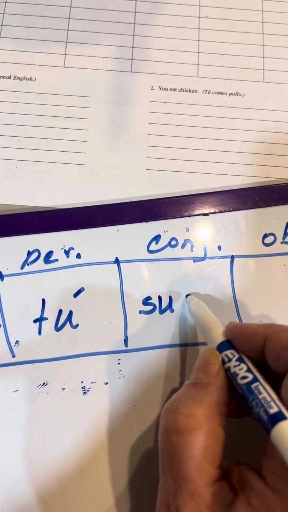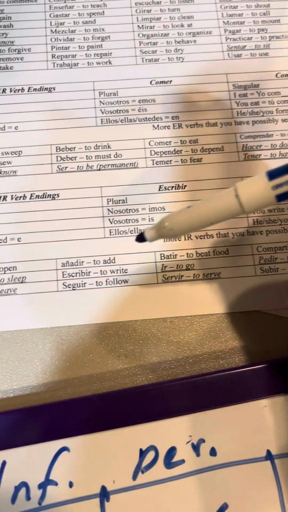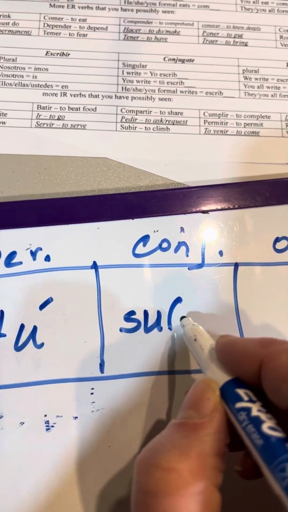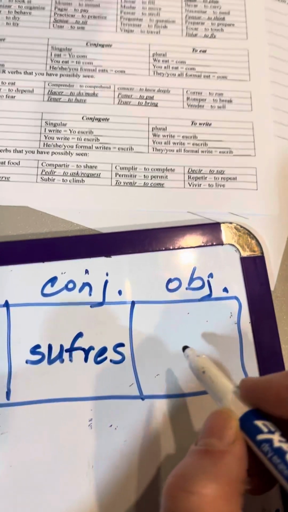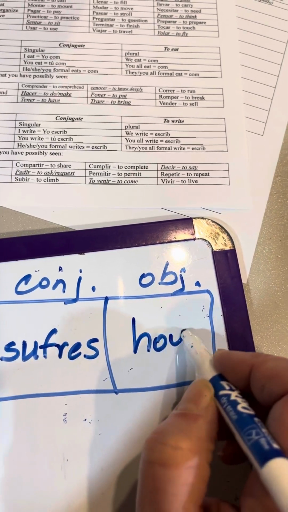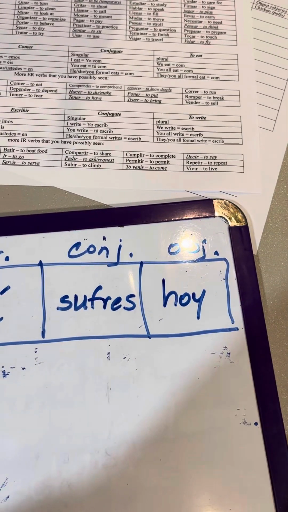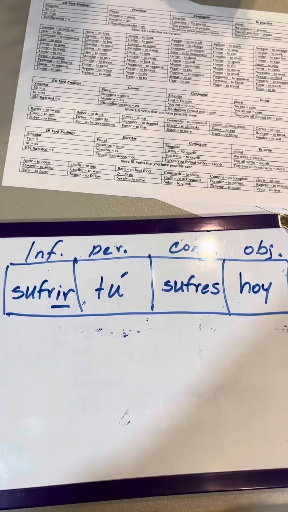So we're going to conjugate it according to the IR conjugation. Tú sufres. Tú sufres today. Tú sufres hoy. Well, I've gone past my time, and so I hope that gives you something to work on.